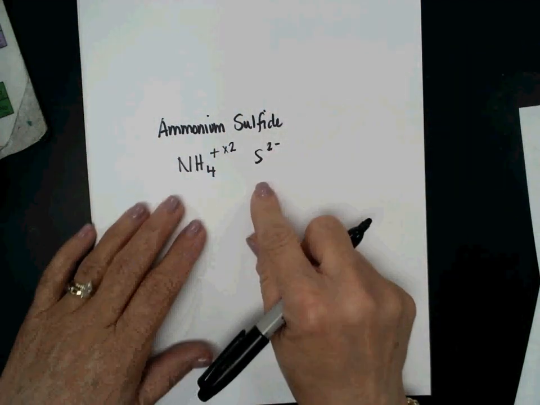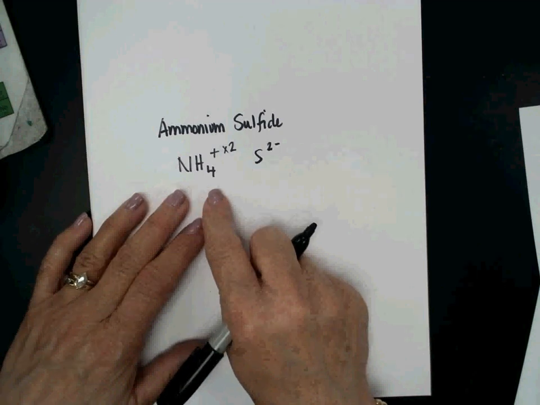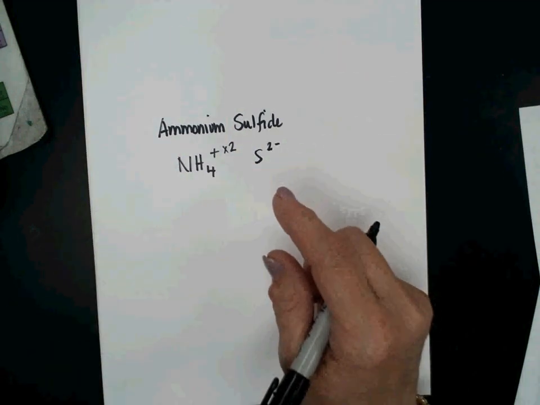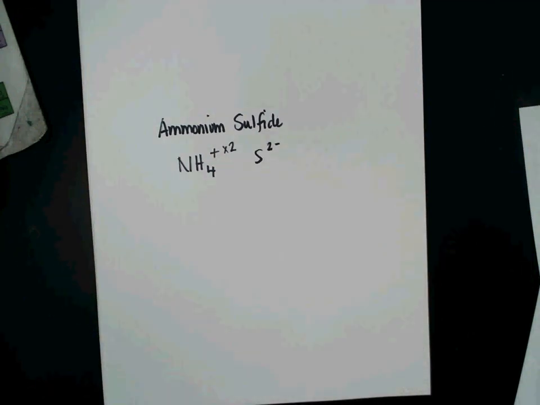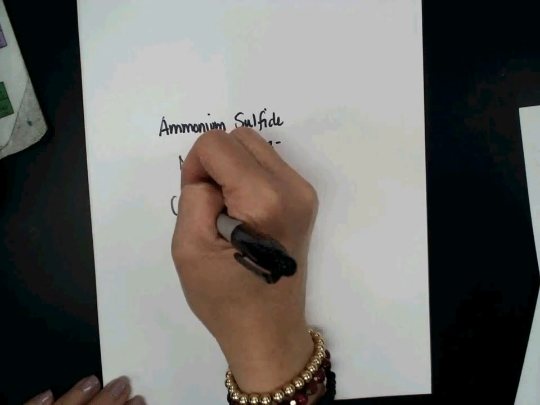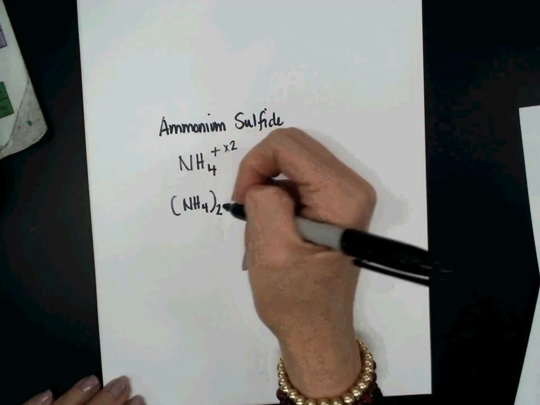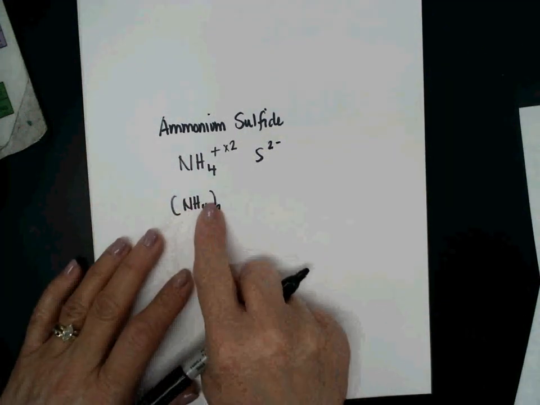I have to multiply by 2, which means I need 2 of those. Then the question becomes, how the heck do I write that? I don't go N2H8. What did you do? I did 2 and H4. Okay, that would be okay if I was balancing an equation, but it's not the way that I write a formula. And that's okay, because you don't know. Is that like the parentheses? It is. Anytime you have a polyatomic and you have more than one, you put it in parentheses and you put the subscript behind it.